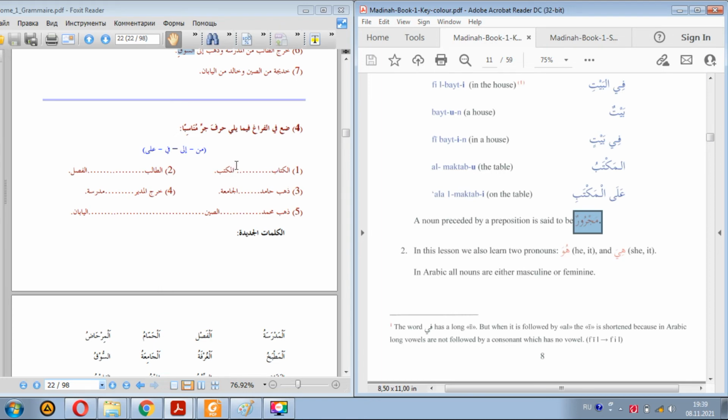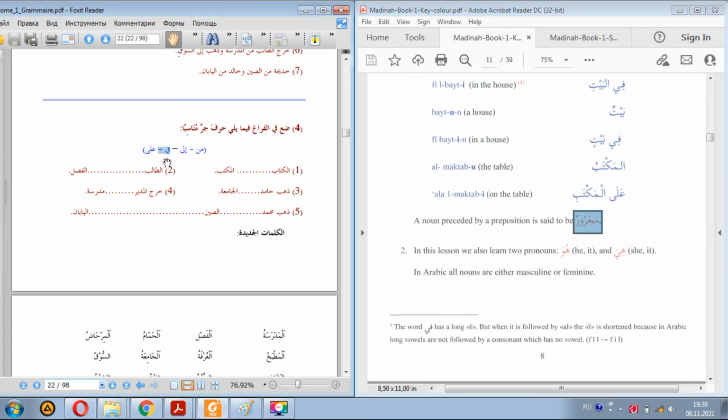الكتاب من المكتب إلى المكتب، في المكتب أو على المكتب. Of course على المكتب. الكتاب على المكتب. الطالب من الفصل أو إلى الفصل أو في الفصل أو على الفصل. Well, الطالب في الفصل.